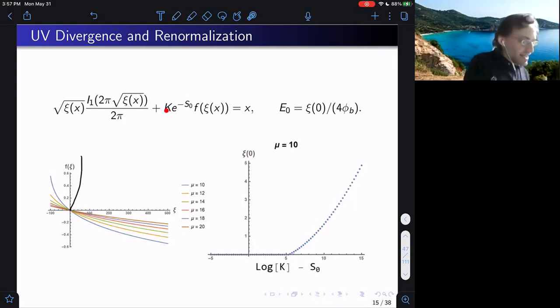As I increase k from 0, the 0-point energy of the spectrum starts at 0, but once k reaches some critical value, the 0-point energy will start to shift to the right. That's what's shown in this plot. On the x-axis is k, and on the y-axis is xi of 0. At this critical point, the 0-point energy starts to shift to the right.